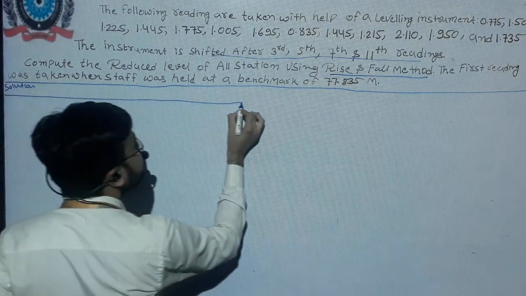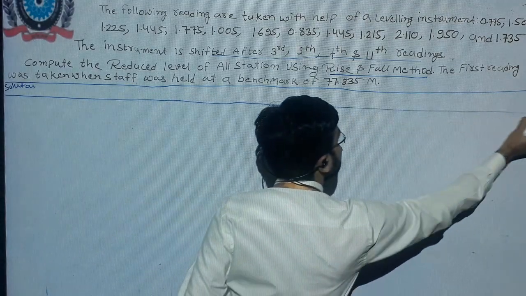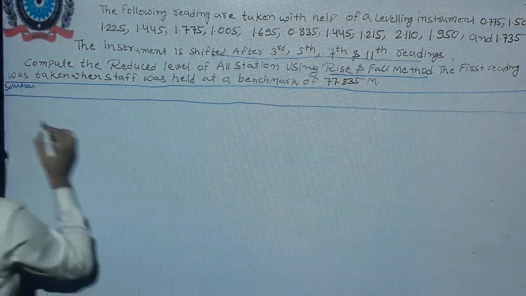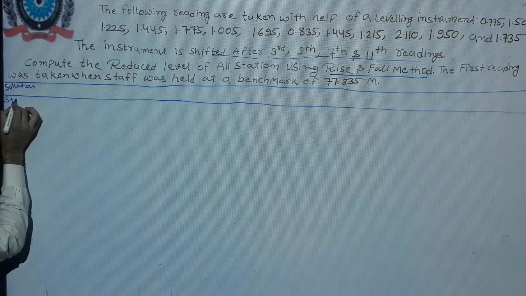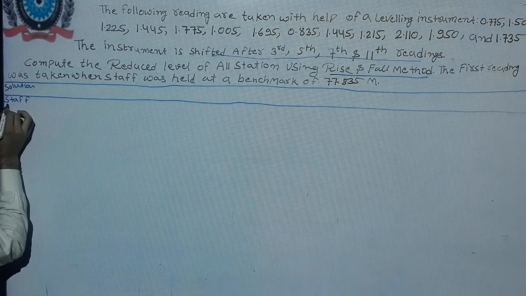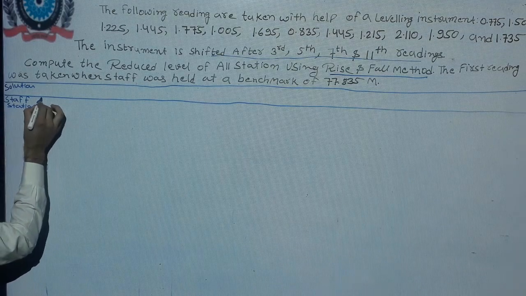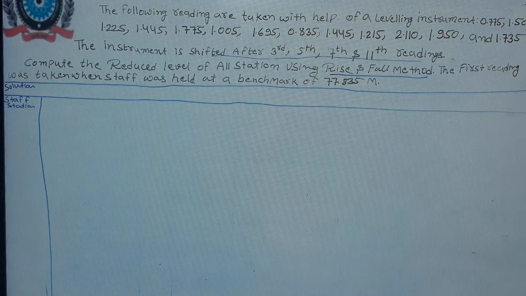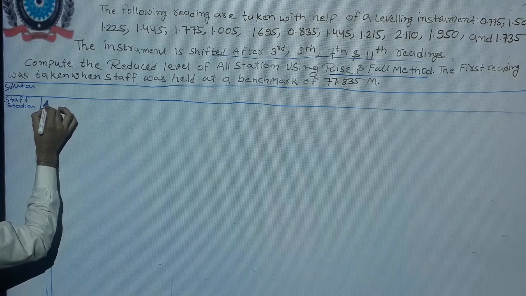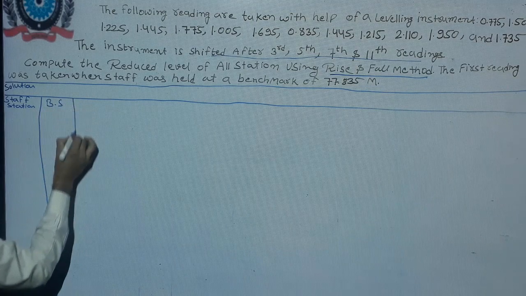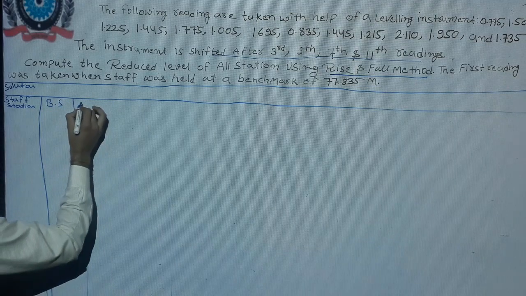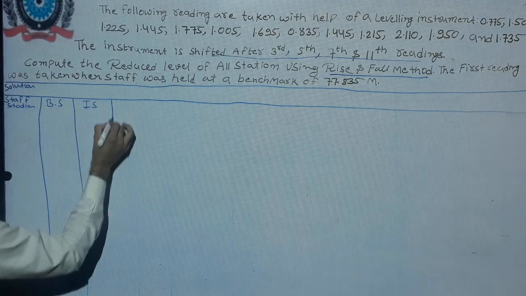Let's construct the table. First column, staff station. Second is backsight. Third is intersight.